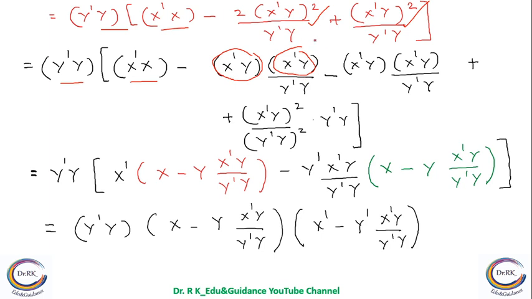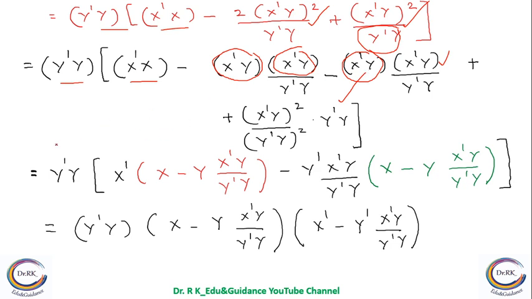Now we have separated into minus 1 here, minus 1 here, x transpose y, x transpose y. And this last term we make as x transpose y whole square into y transpose y whole square. That is, multiplying it by y transpose y and dividing by it, so this we are making a square. That's why we are multiplying it by this. That's why I told you this is a simple algebraic gimmick we have to play here.